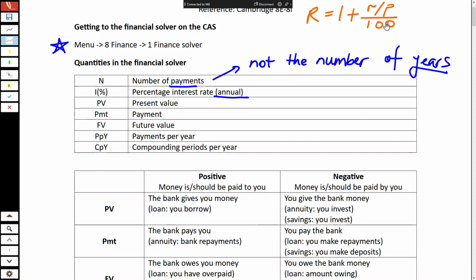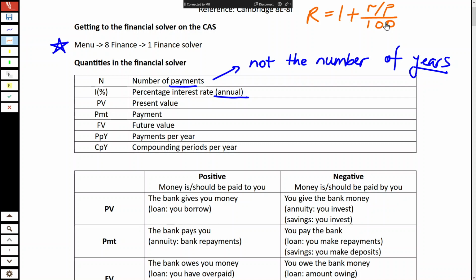Let me give you an example. Let's say my annual interest rate is 12%. What will be my interest rate for 1 month? My yearly interest rate is 12%. Why is it 1%, Taylor?